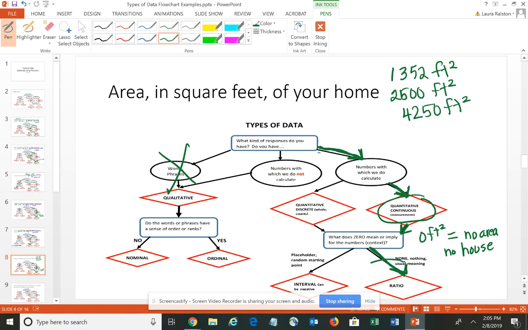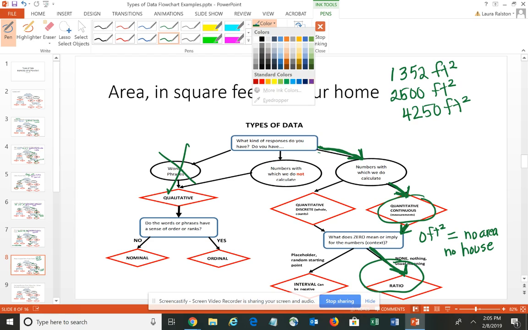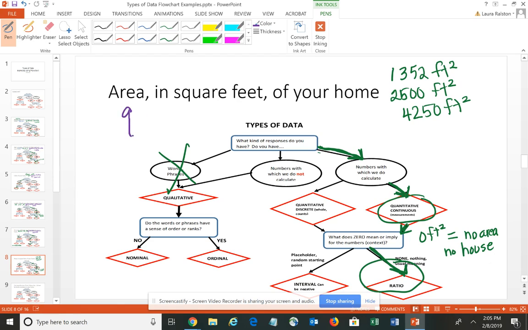So we ultimately decided that area is quantitative. It is definitely a number. It is continuous because it's on a measurement scale, and it's at the ratio level of measurement.